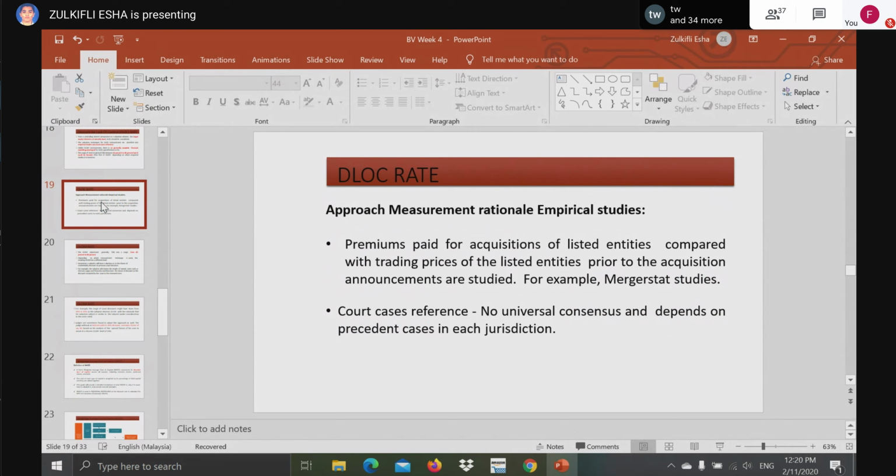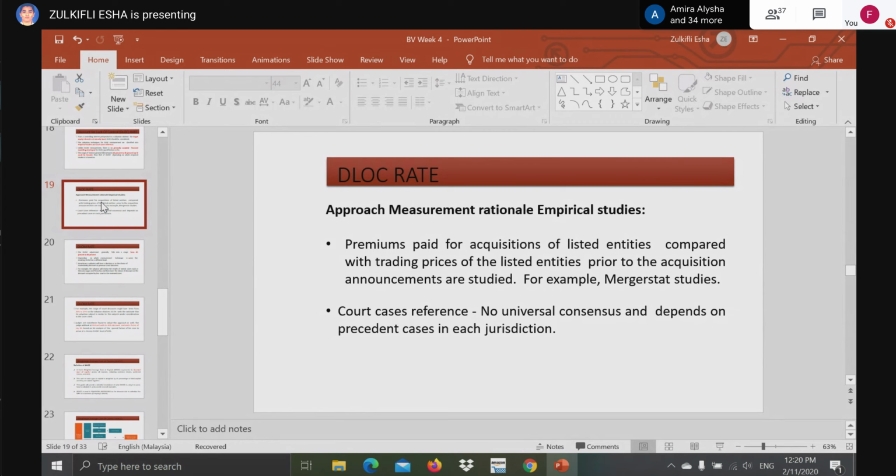We may use empirical studies as a basis to determine the DLOC rate. Premiums paid for acquisition of listed entities compared with trading prices of the listed entities prior to the acquisition announcement are studied. For example, merger stake studies.